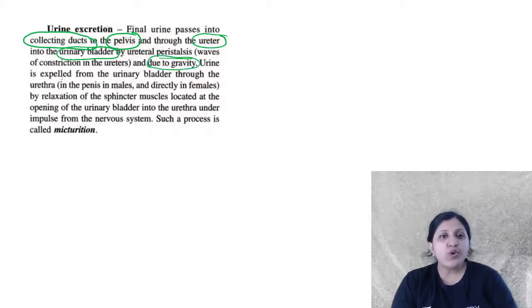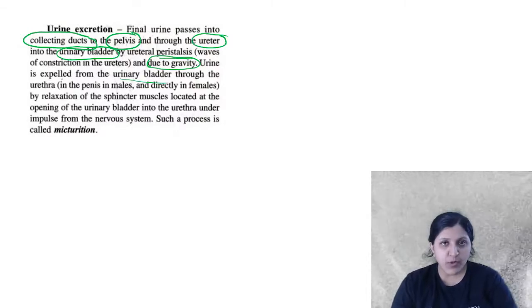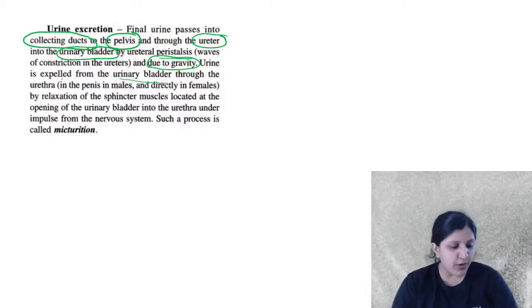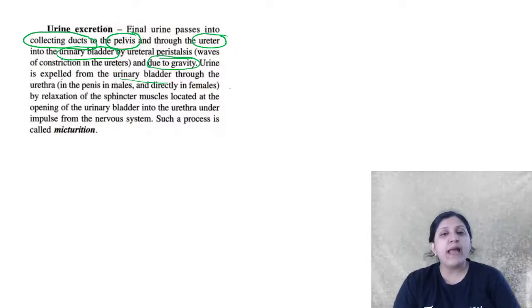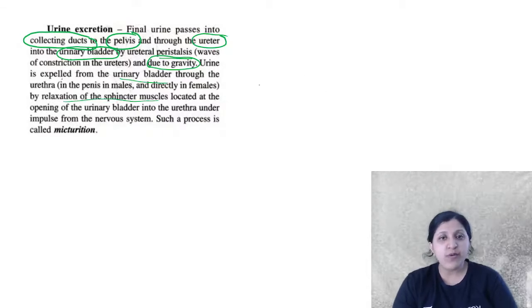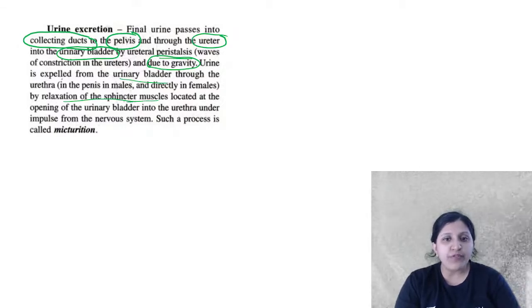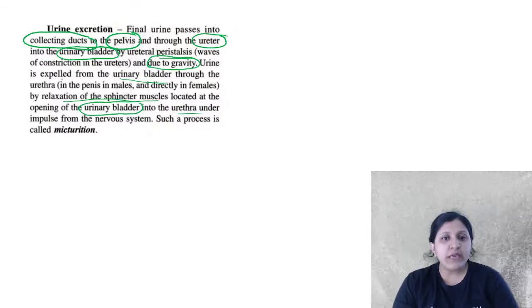All right, urine is expelled from the urinary bladder by relaxation of the sphincter muscles. There are sphincter muscles located at the opening of the urinary bladder into the urethra, under the impulse from the nervous system.